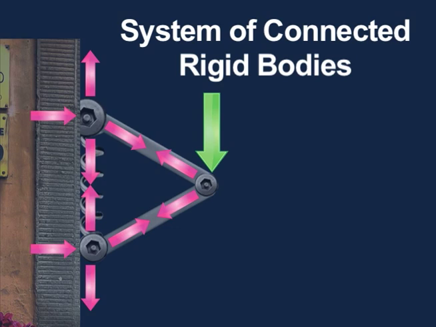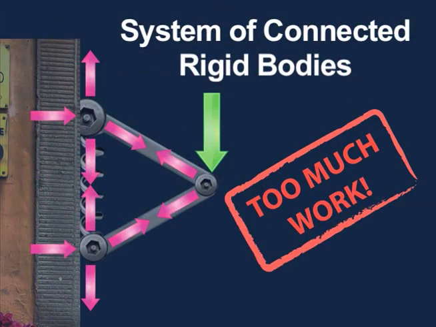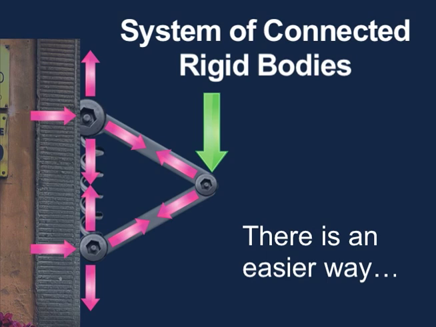When doing conventional static analysis on this multi-rigid body system, one should consider all internal forces when doing the sum of forces and moments. If there are large amounts of interconnected bodies, this will result in a lot of work. So, for this type of problem, instead of doing conventional static analysis, we will follow a different approach, the method of virtual work.